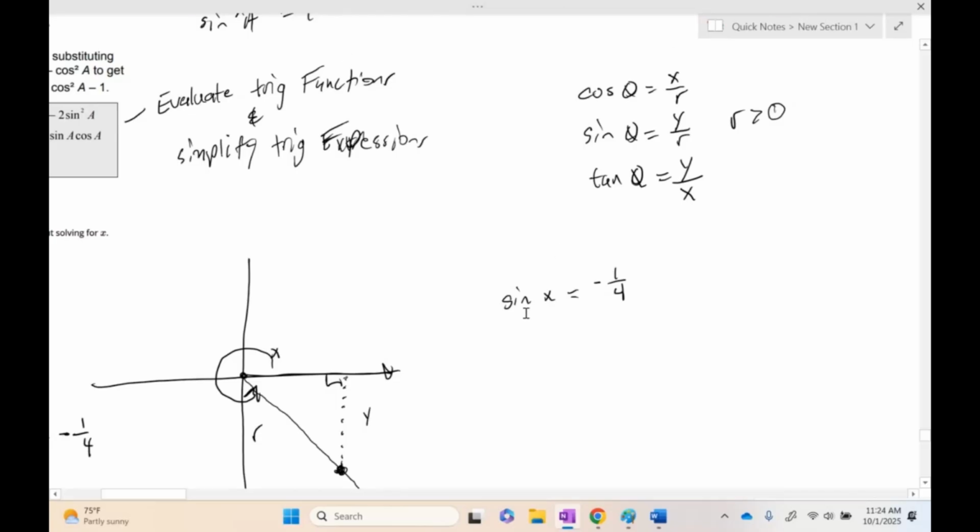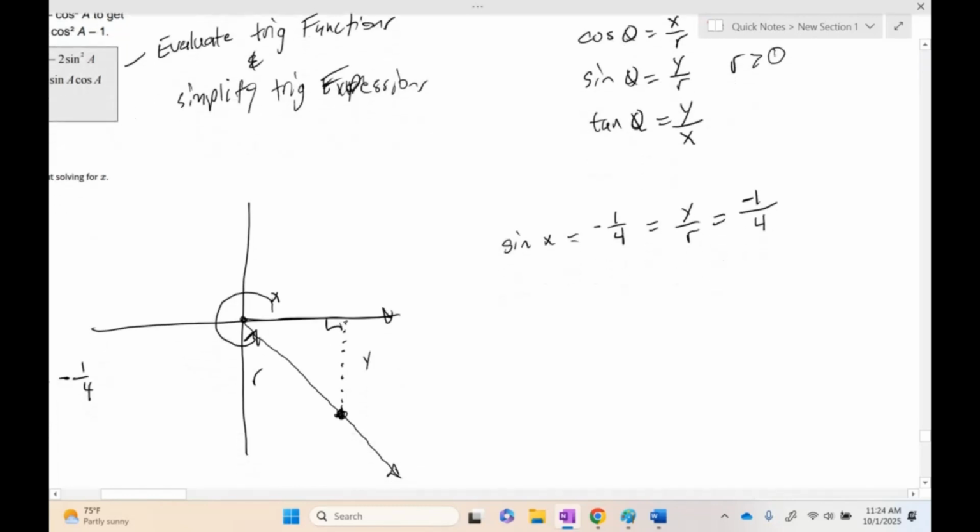So if you're dealing with a negative trig value, that negative has to go in the numerator. They gave us the sine of x is equal to -1/4. So from my relationships, the sine is y over r. That would mean that y is -1 and r has to be 4.